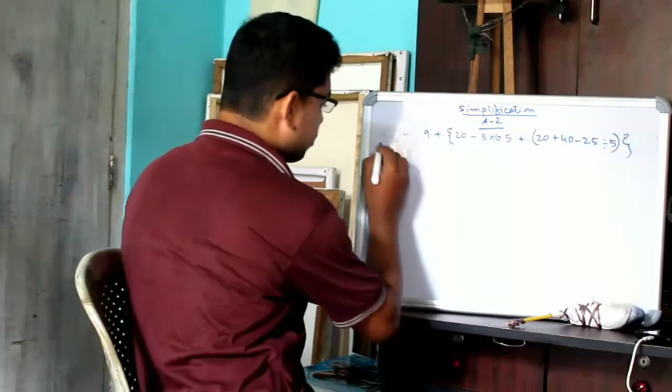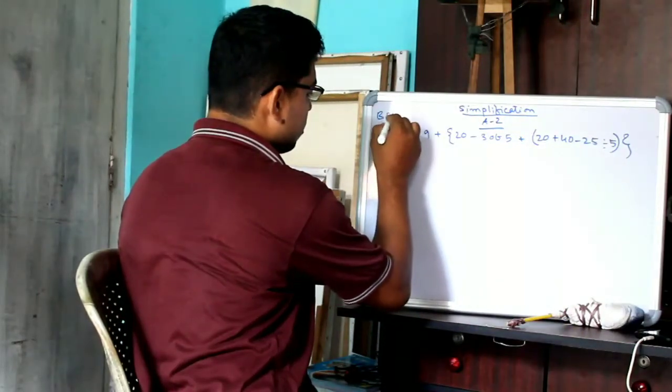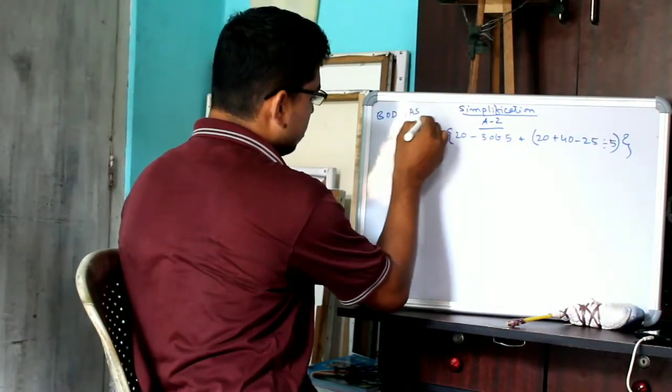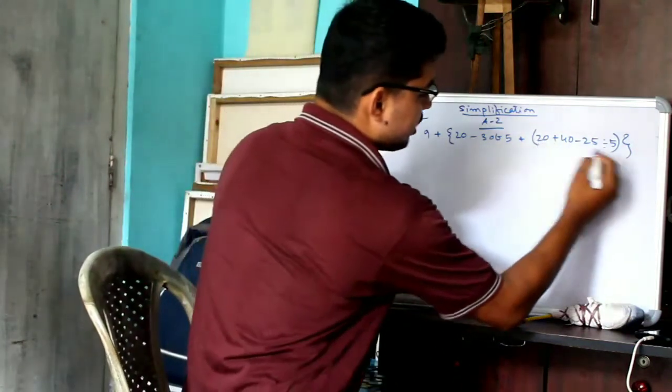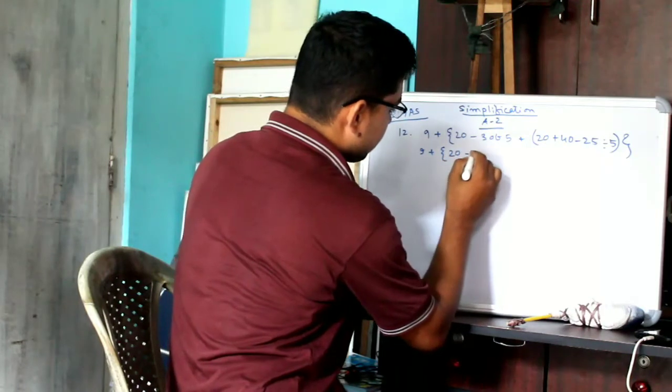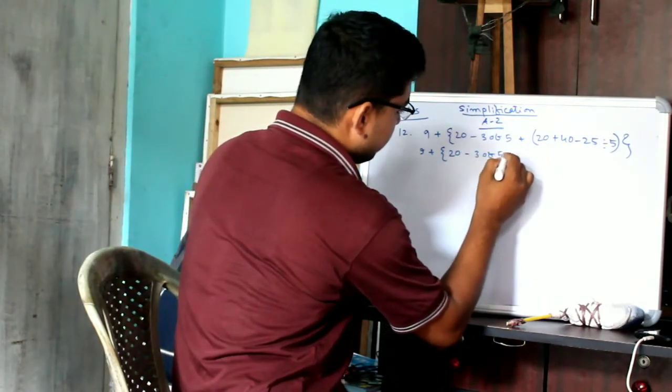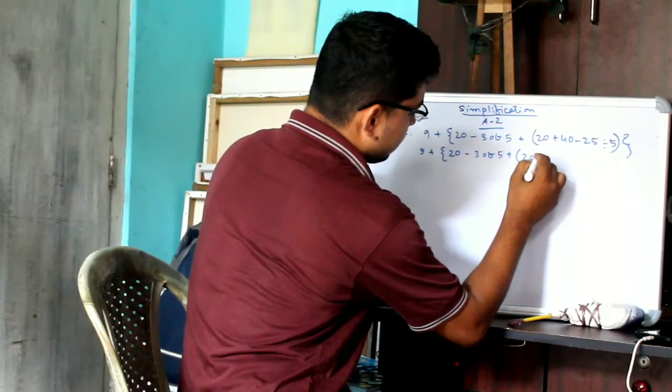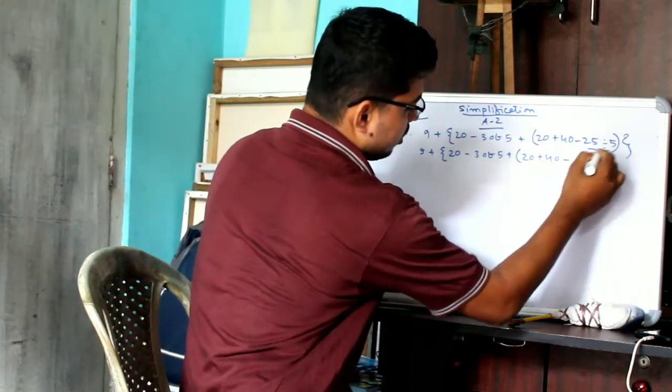Now see, using the BODMAS rule, bracket first. So bracket first means this bracket. So 9 plus 20 minus 3 of 5, 20 plus 40 minus, here you see 5.